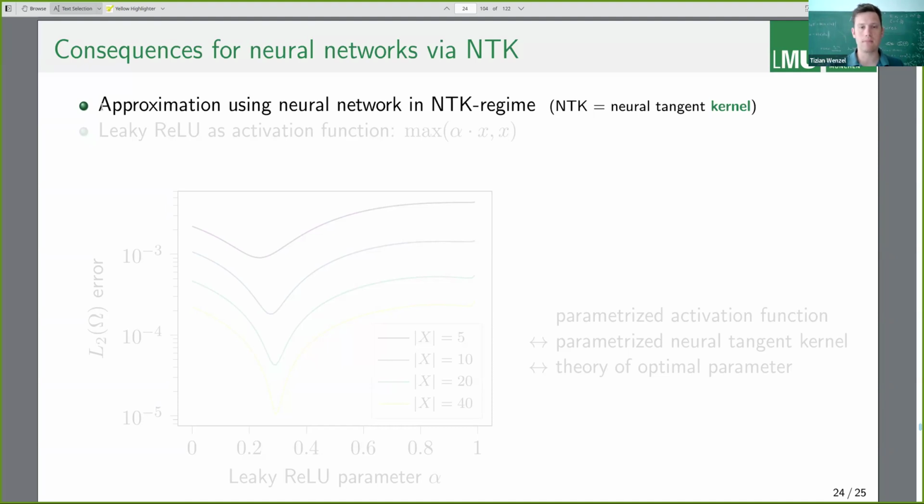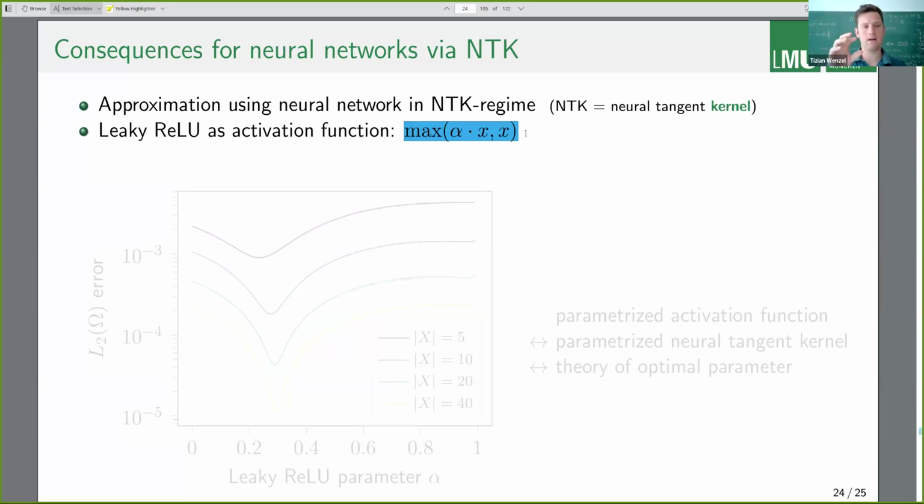So neural networks have some activation functions, and in particular, we can consider the leaky ReLU as an activation function. And this activation function is given by the following formula here. And this alpha value is simply a scalar valued parameter, and this is exactly kind of a shape parameter.